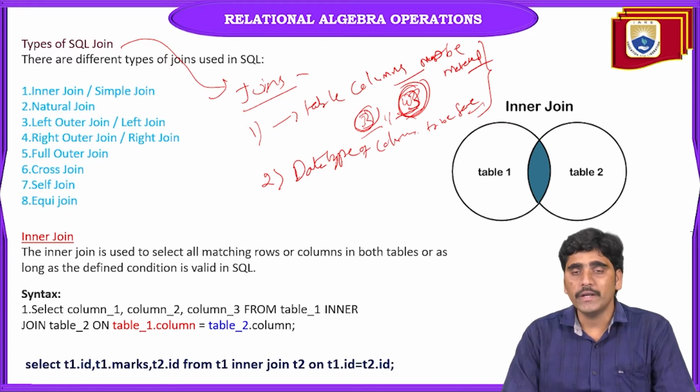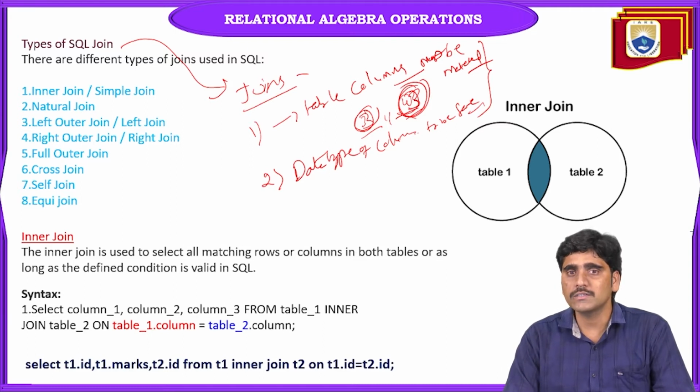By doing these join operations, we get values that are very reliable and very comfortable, from one table, two tables or three tables. For retrieving all the different types of values, we have different types of joins, different types of join concepts.